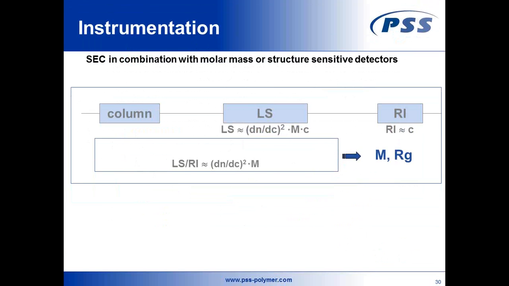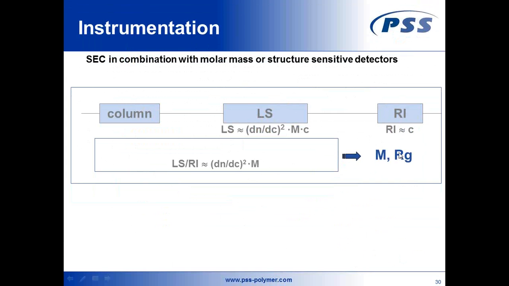And what can we use this for? Before we come to these results, this is a scheme of how the experimental setup looks. We have the column, the optimized column for the separation. Then we have our molar mass sensitive detector, the light scattering detector, and we have a concentration detector at the end.